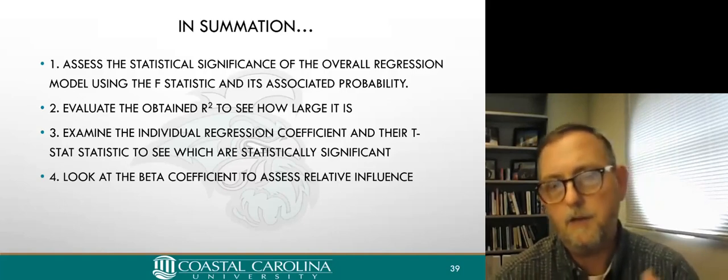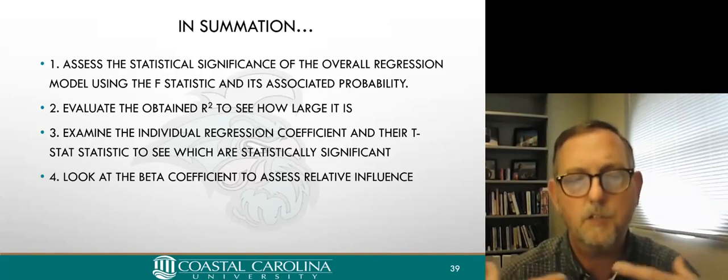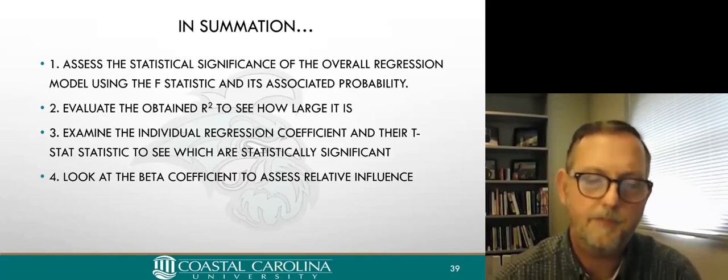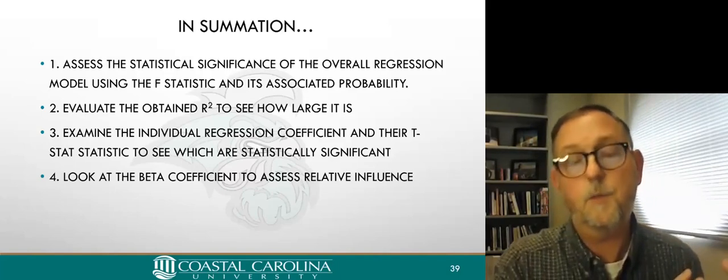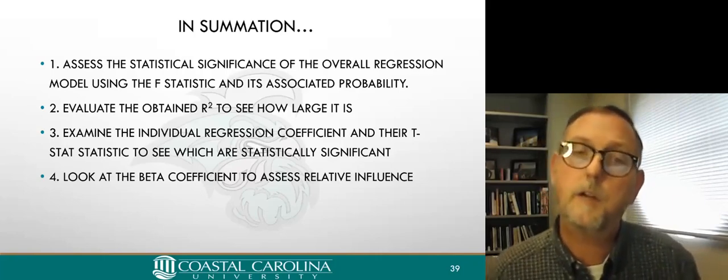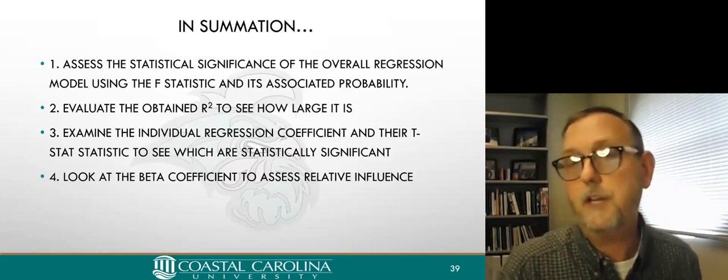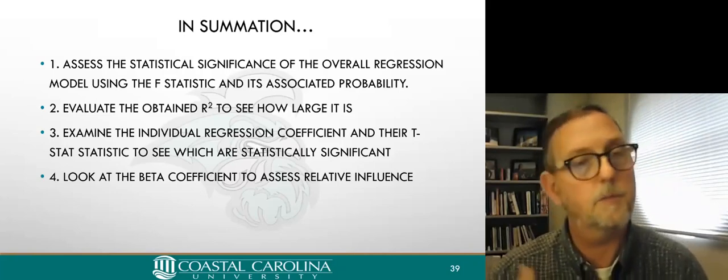And at the end of the day, we need to assess these betas. We need to look to see if they are positive, the way we expect them to be, or negative, so the direction. We also want to look at the relative strength they are, and how powerful they are in predicting the Y variable.